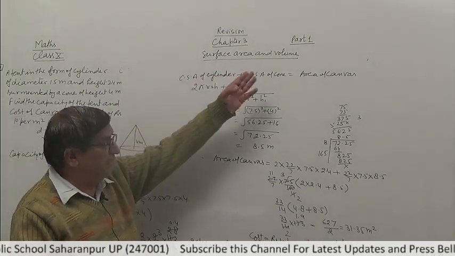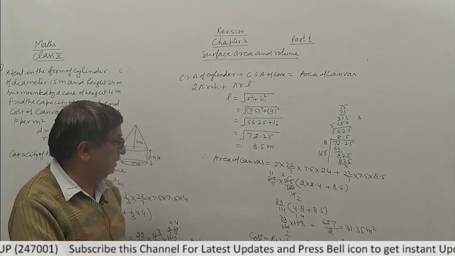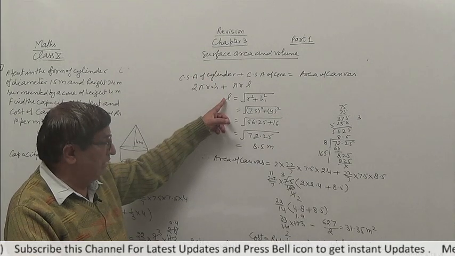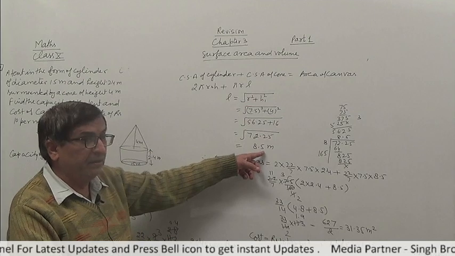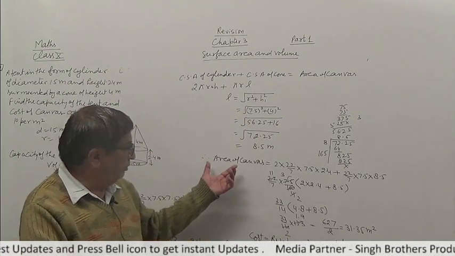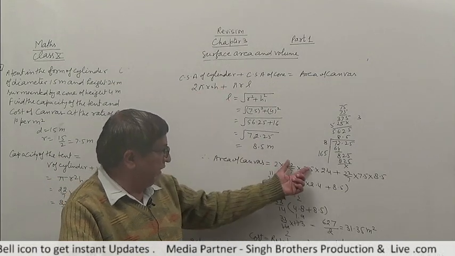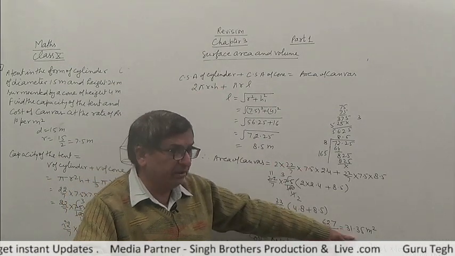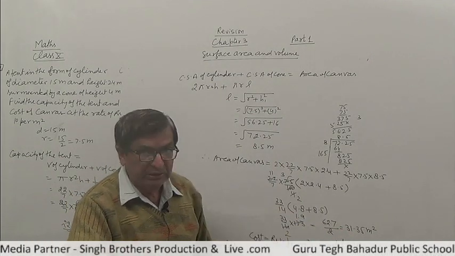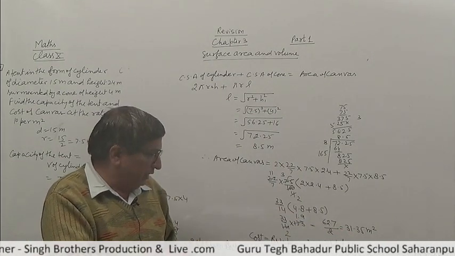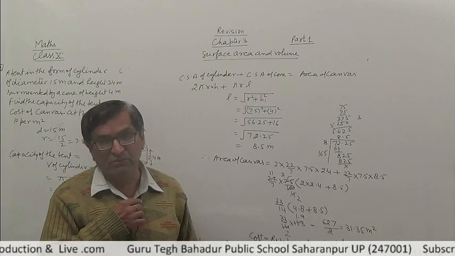In the same way, we find the cost of canvas, 2 pi r h plus pi r l. We find l by root of r square plus h1 square, which is 8.5. Putting the values in this formula, we find 31.35. Cost is 10 rupees per meter square, so total cost is 31.35 into 10, that is 313.50.